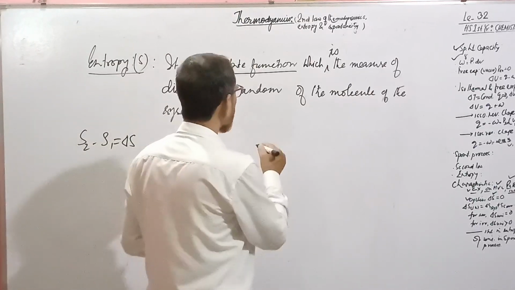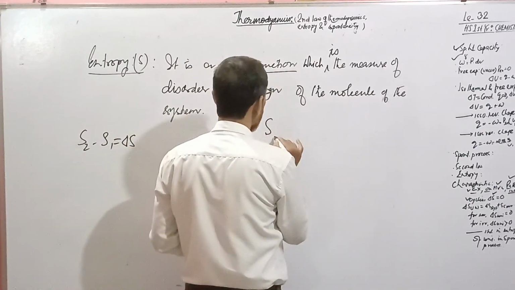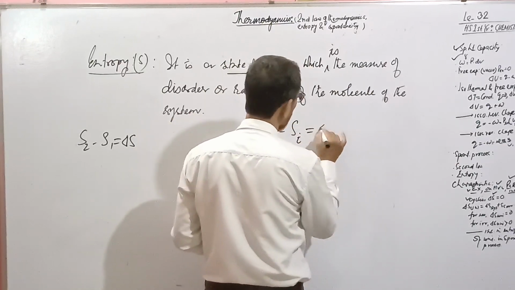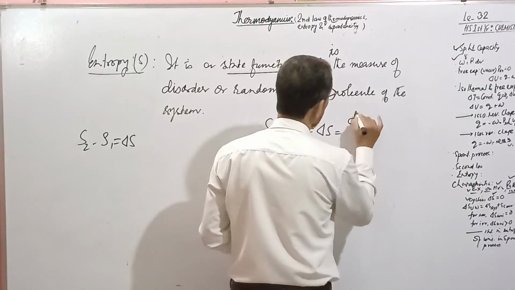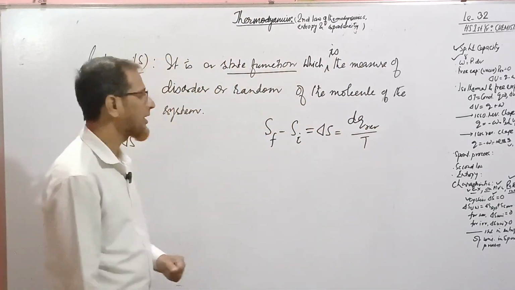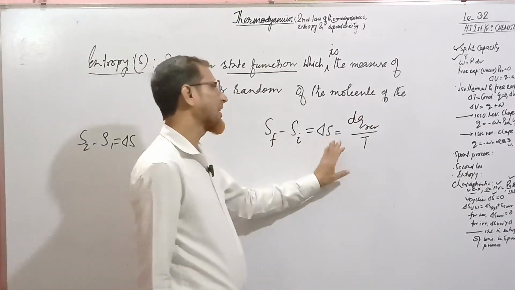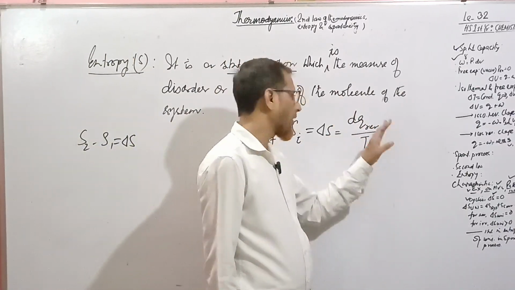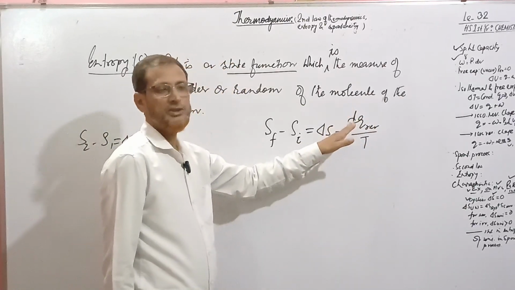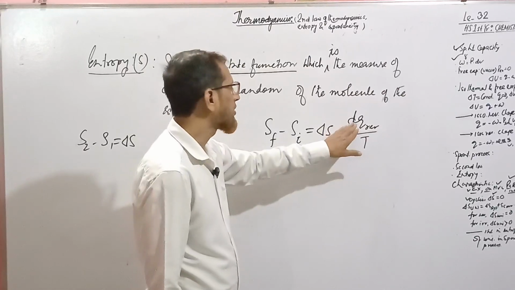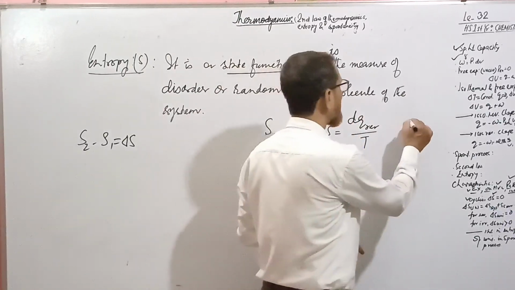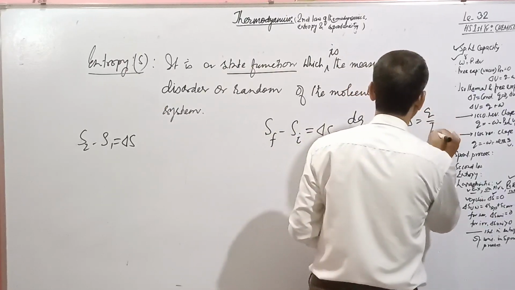Now mathematically, entropy: S final minus S initial is equal to delta S, which is equal to dq reversible by T. So mathematically, we can define entropy delta S equal to dq by T, or q by T. For a small amount of heat content dq at temperature T, S is equal to q by T. Am I right?